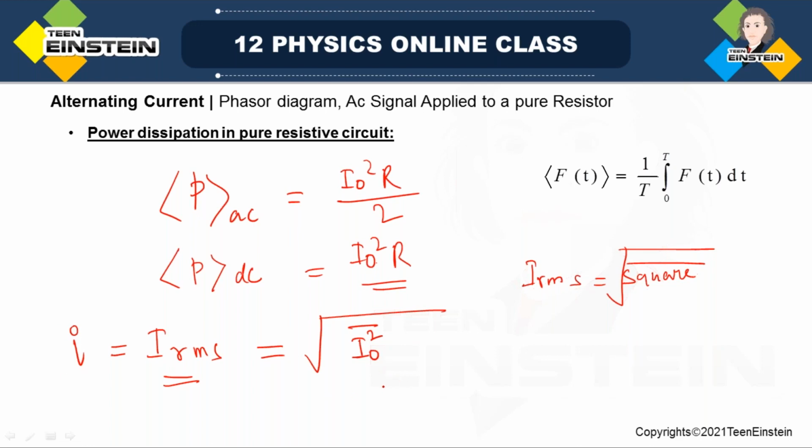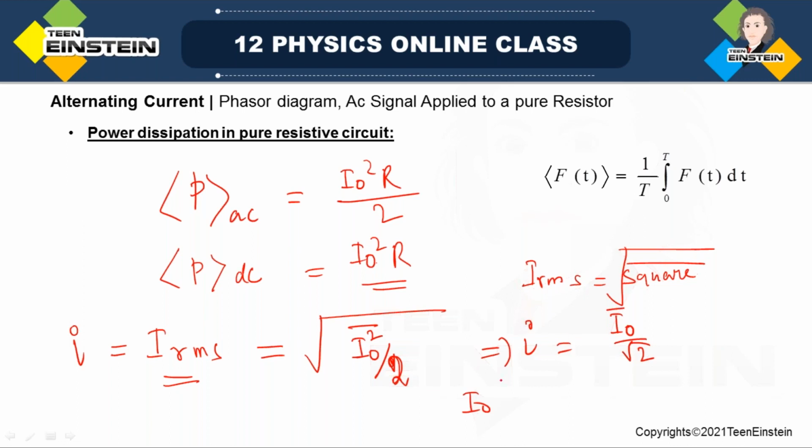Then look, I have a relationship between I0 and this RMS current. This has to be I0 squared by 2. So then i is equal to I0 by root 2.